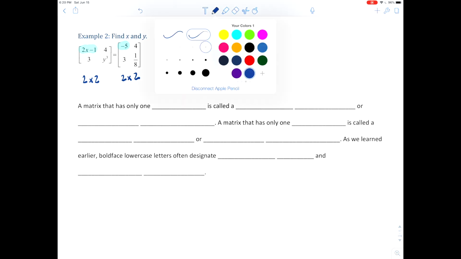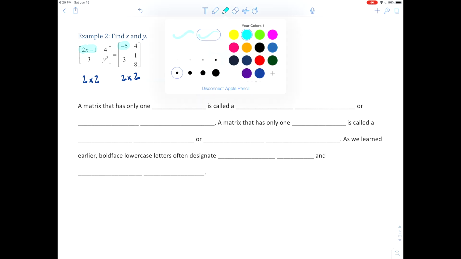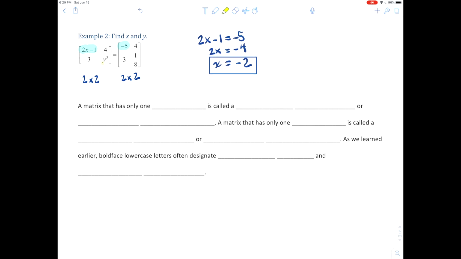And next up, we will have the equation for the entry in the second row, second column. So this entry, y cubed, must be equal to, awesome, 1/8, because 1/8 is in the second row, second column of the matrix on the right-hand side.